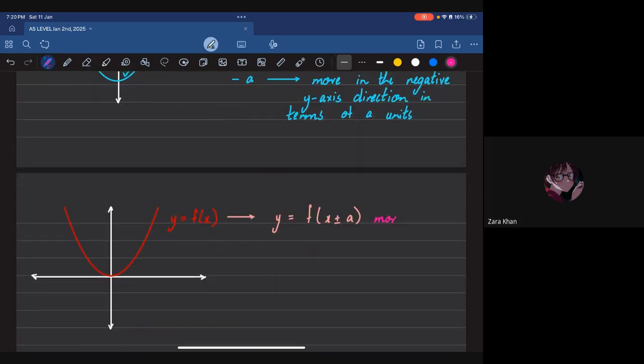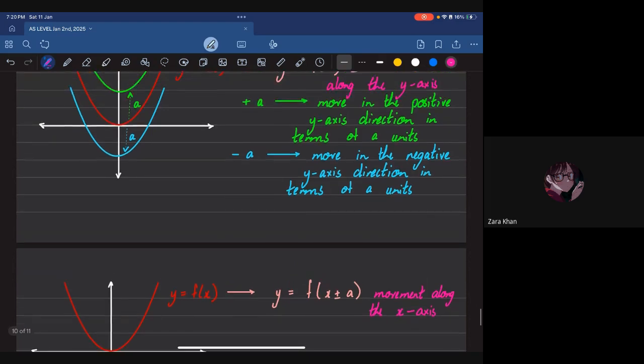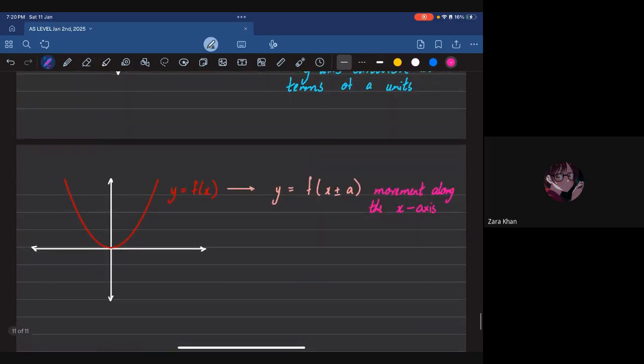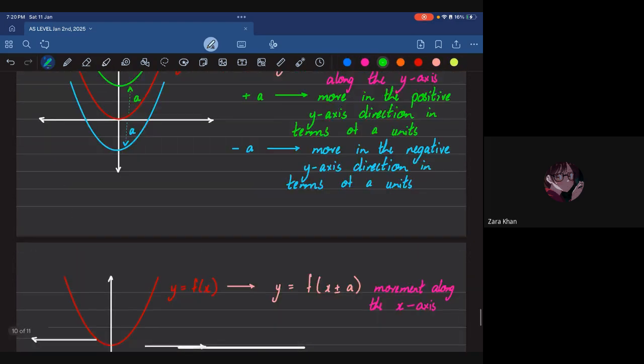So you're going to have movement along the x-axis. What is that movement going to be? Now we need to identify this as well. Again, two possibilities could happen.